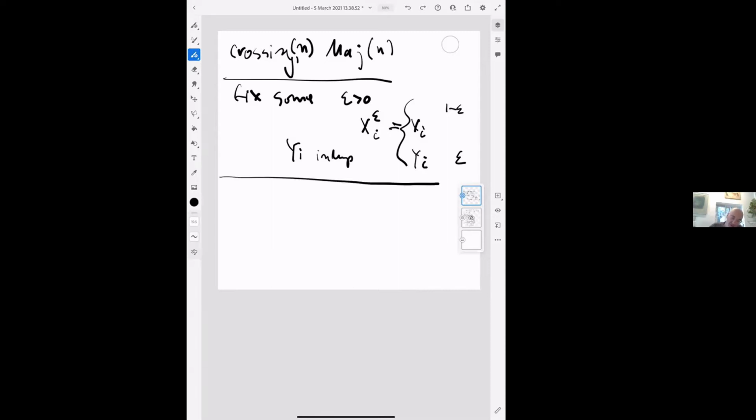Now the noise sensitivity question is: I'm taking these two events, and say I tell you that majority happens, so the sum of xi from 1 to n is bigger than 0. I tell you this event occurred.